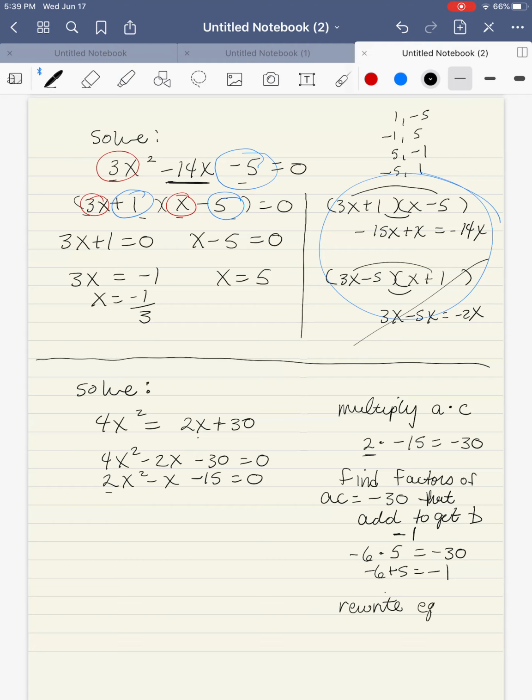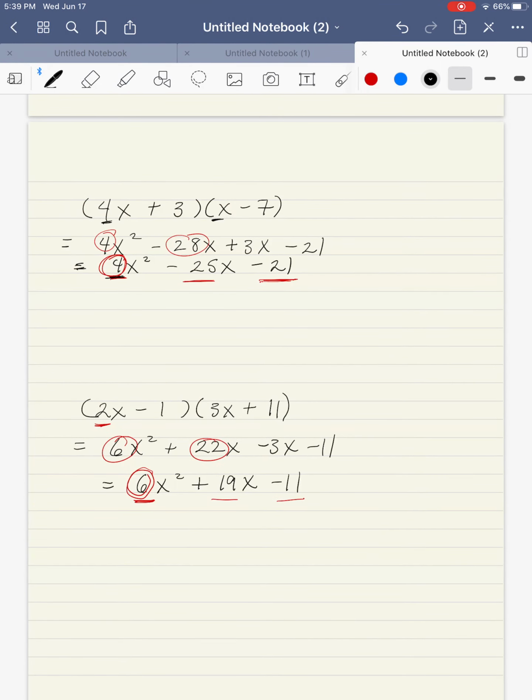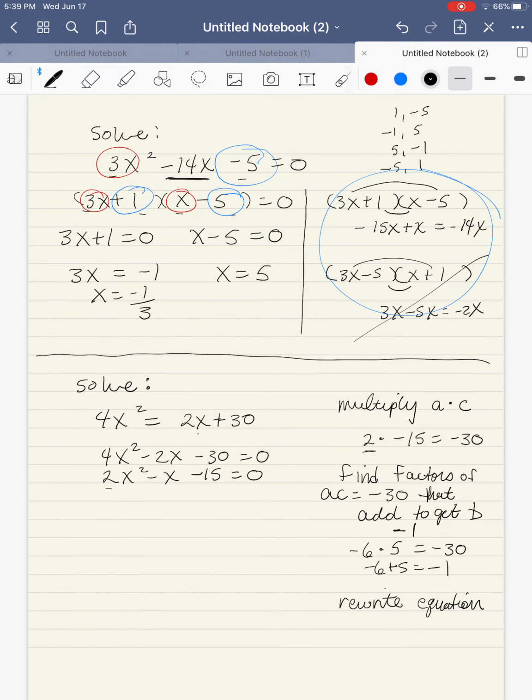And then we're going to rewrite the equation. Remember, back when we were doing our multiplication to come up with our quadratic polynomials, every time we ended up with two middle terms, the outer and the inner term, that we combined to give our new middle term. When we do the AC method, what we're doing is kind of going backwards here.